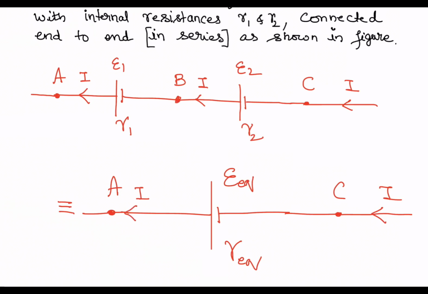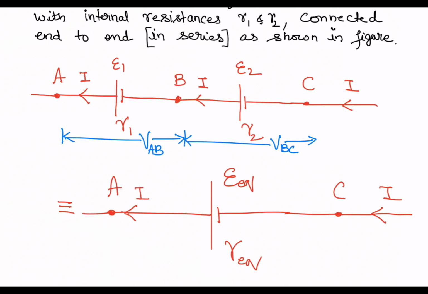Yes. Now let's apply some of the equations we have learned earlier. Let us assume that the potential drop between A and B be VAB, and the potential drop across the second cell be VBC.